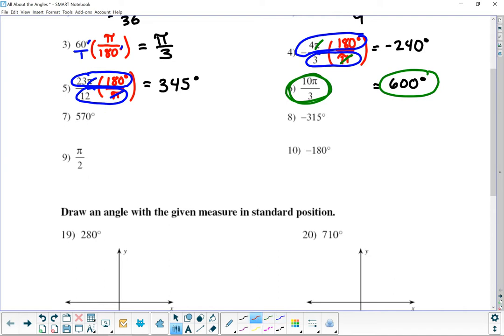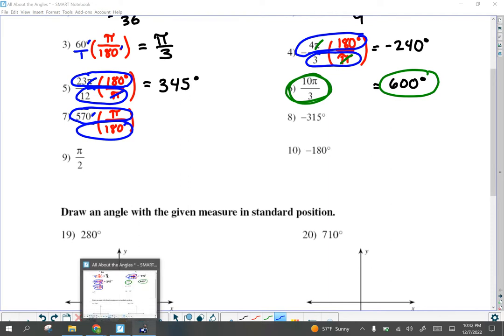All right, so number 7, 570 degrees. I'm going to multiply that by, and since degrees are on top, I'm going to use 180 degrees on the bottom and then pi on top. So I'm going to go 570, and remember, the degrees cancel. So 570 over 180, and you can put in the pi afterwards.